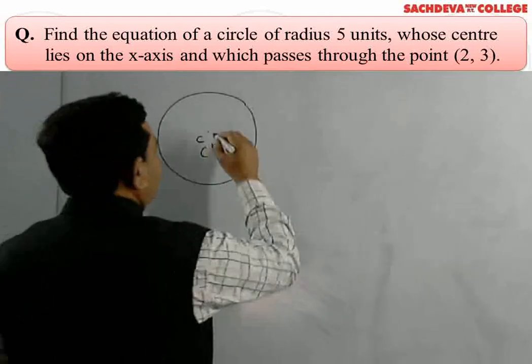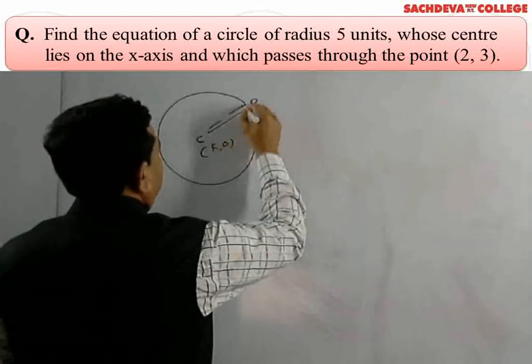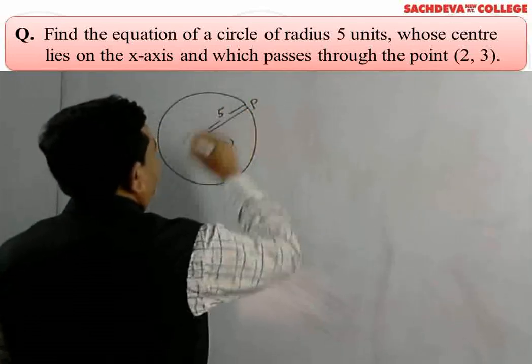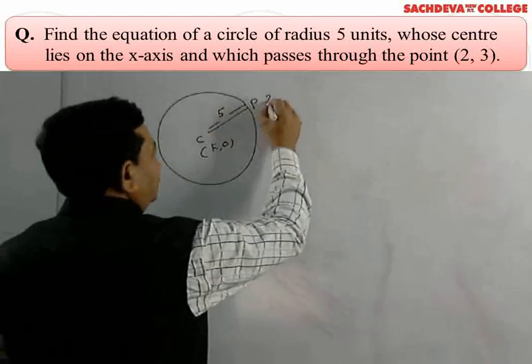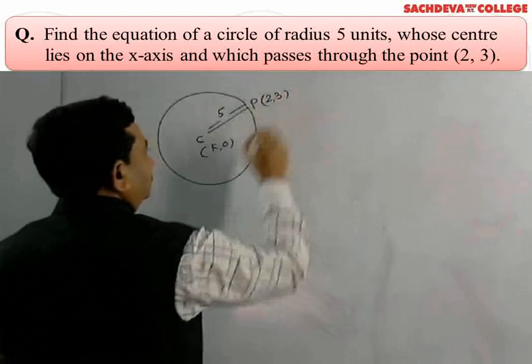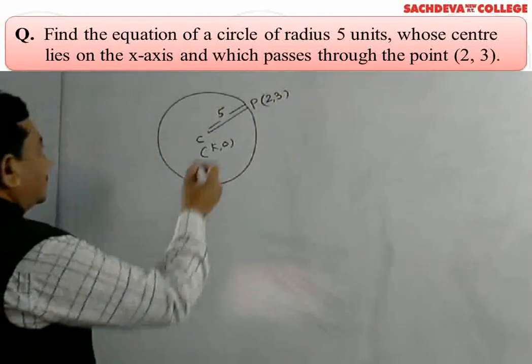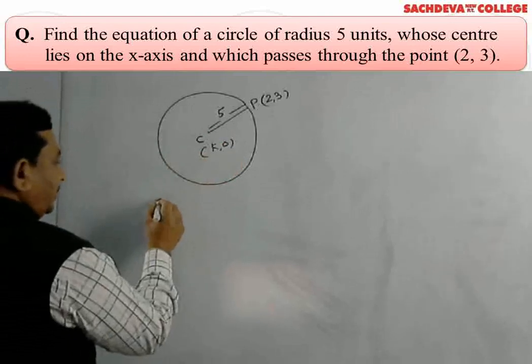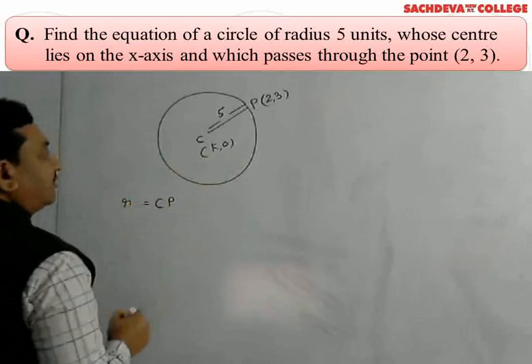Given that the radius is 5 units here, and the circle passes through the point (2, 3). So first we find the value of k. CP is the radius, and the radius is given here as 5.